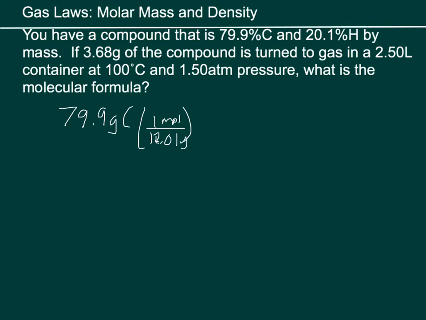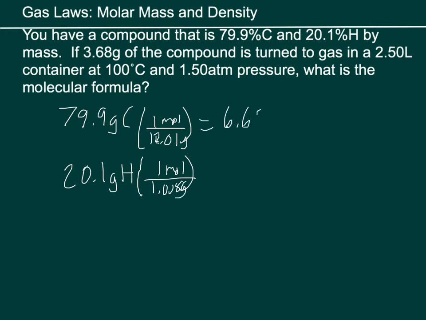Okay, and we're going to set up the hydrogen. 20.1 grams of hydrogen, 1 mole is 1.008 grams. Okay, this will come to 6.65 moles of carbon. This comes to 19.9 moles of hydrogen.